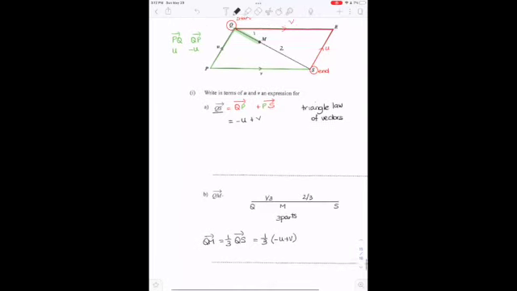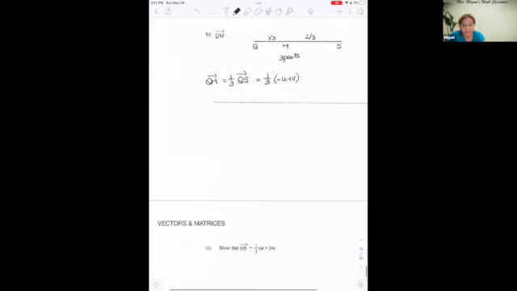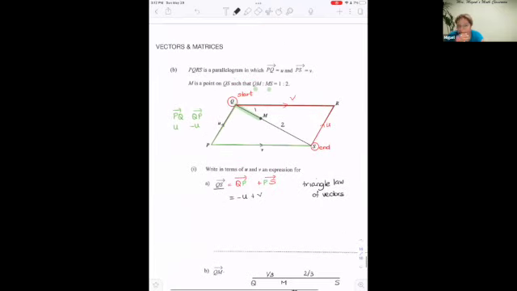The next part is to show MR is something. So they give you the answer. Now you have to show it. So let me erase here. So I am going from M to R. So M is my start, R is my end.